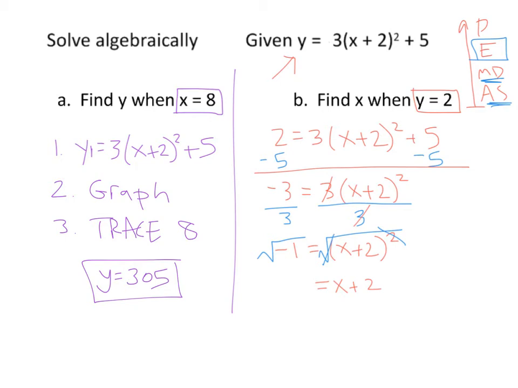So what do we do? Well, first of all, what we have to remember right off the bat is that we're going to put a plus or minus, just like we did on the previous lesson, because when we square root both sides, we need a plus or minus, and then we are going to simplify the square root of negative 1.